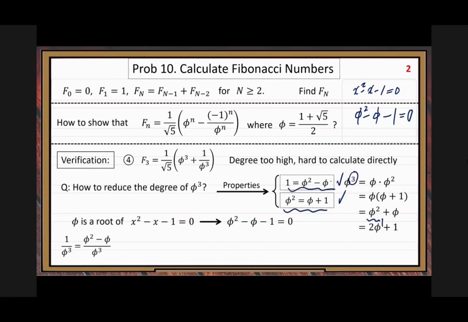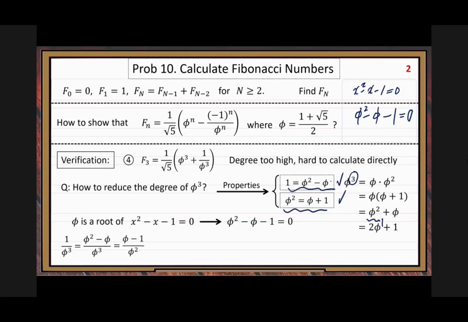Here, 1 is very simple, but we replace the simple number 1 by a more complicated expression, phi squared minus phi. There is a good reason to do that. After this substitution, the numerator and denominator have a common factor phi, so we can do cancellation.